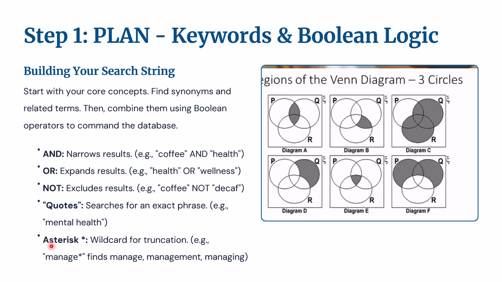We also use the asterisk. The asterisk is a wildcard for truncation. For example, if you search manage and you add an asterisk at the end, you will find manage, management, managing. All keywords that we can refer to manage will show up in the result.